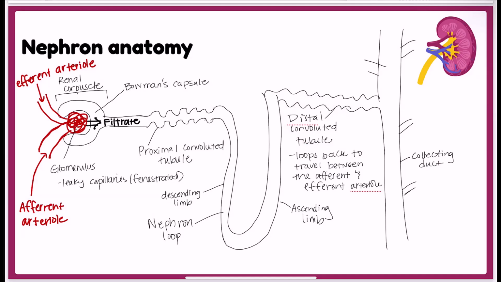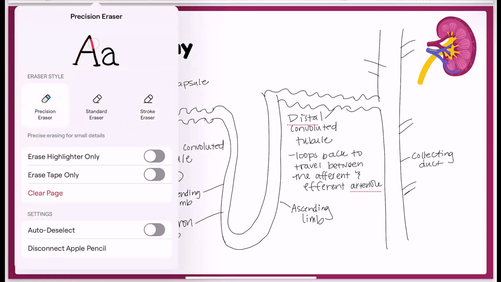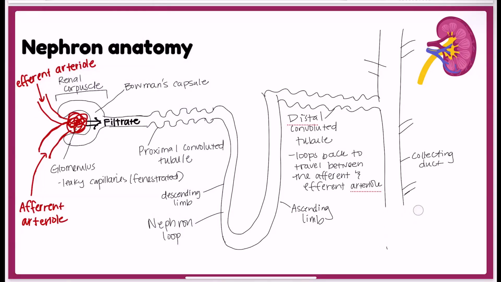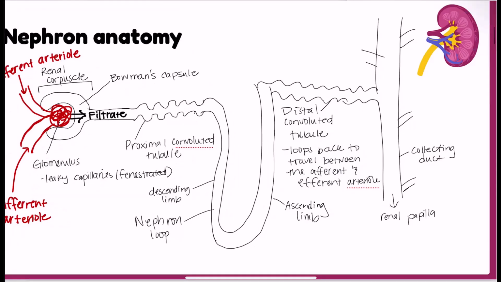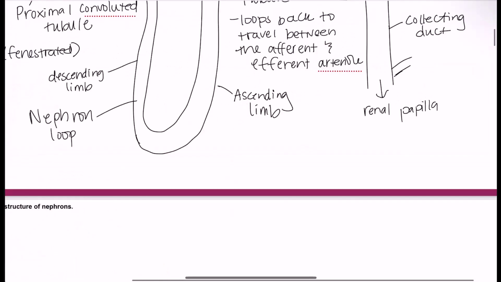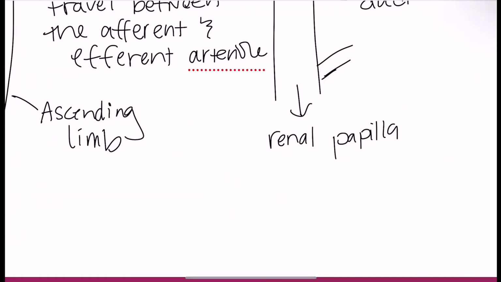From the collecting duct, we drain into the apex of the renal pyramid, which is called the papilla. So then we go into the renal papilla. I'll zoom in here so we can see. So we go from the renal papilla, then that will drain into the funnel-shaped structure called the minor calyx.